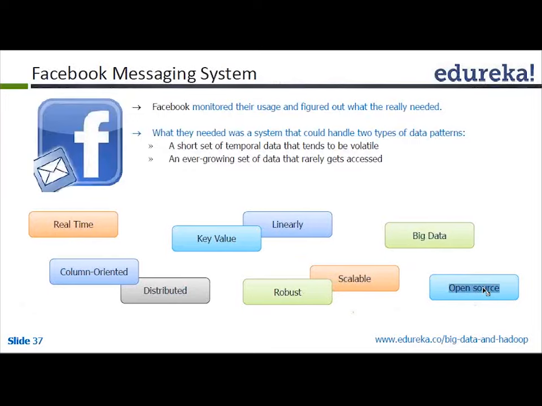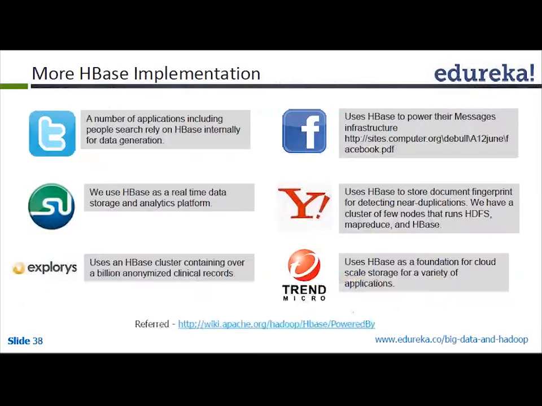So this is how different organizations are using HBase. So this is Facebook usage of HBase. If you want a list of other companies who are using it, Twitter is using HBase for their people search. StumbleUpon has been one of the pioneers of the HBase movement. They are using HBase as a real-time data storage and analytical platform.